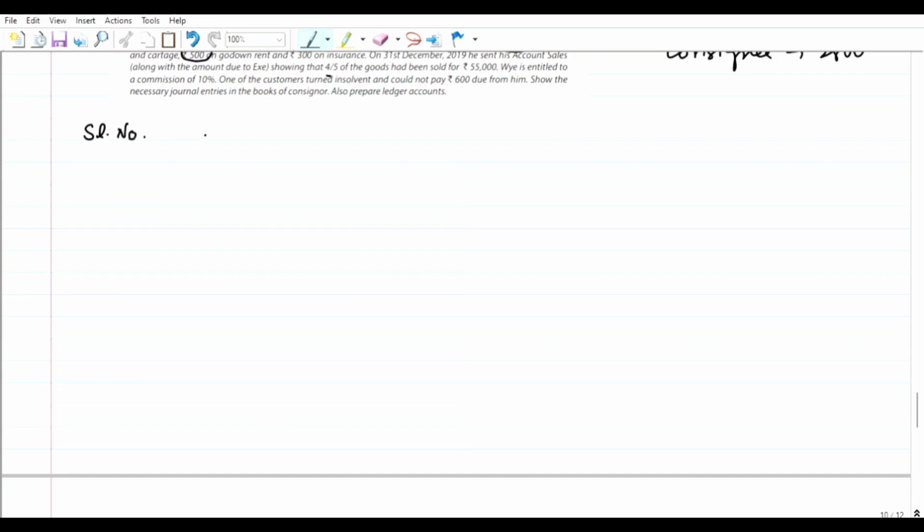Serial number. Actually, there should be a date, but here there is no date. Actually, there are dates, but in consignment business, dates are not mandatory. But in depreciation, without dates, you cannot do anything. Date, serial numbers, and particulars. Date, particulars, ledger folio number, debit rupees, and credit rupees.